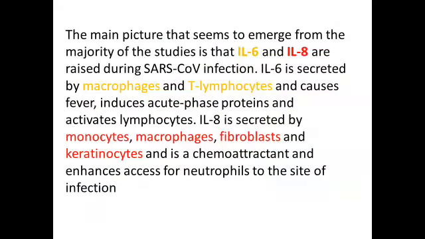The main picture that seems to emerge from the majority of the studies is that interleukin 6 and interleukin 8 rise during SARS coronavirus infection. Interleukin 6 is secreted by macrophages and T lymphocytes and causes fever, induces acute phase proteins, and activates lymphocytes.